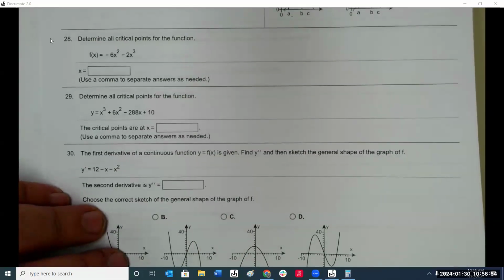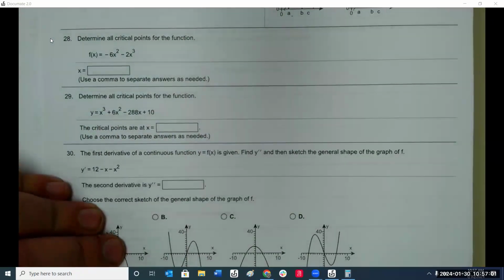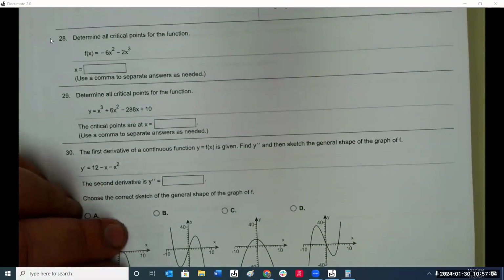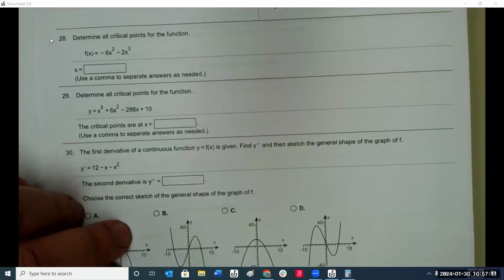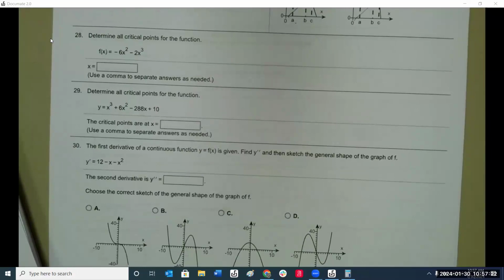Determine all critical points for the function f of x equals negative 6x squared minus 2x cubed. Okay, so number 28.